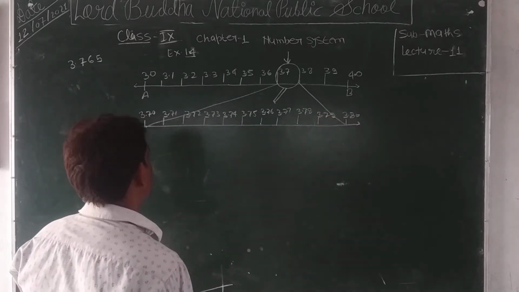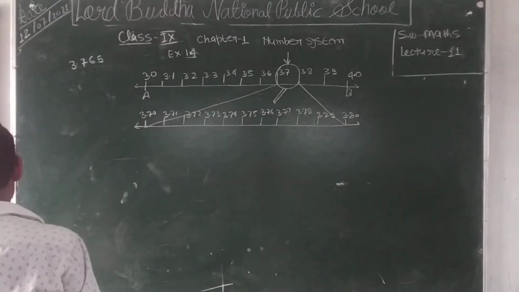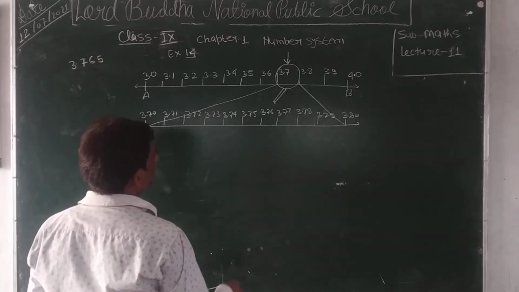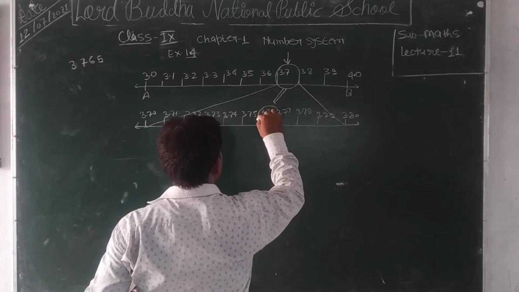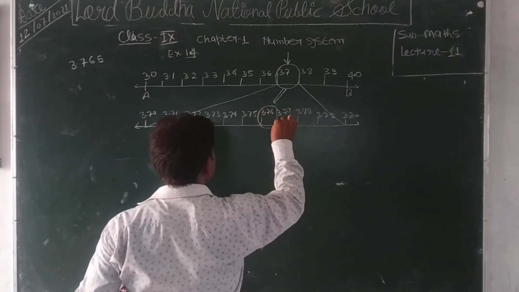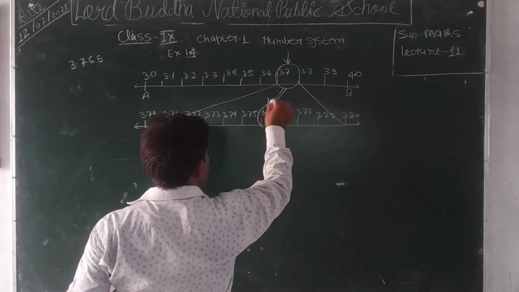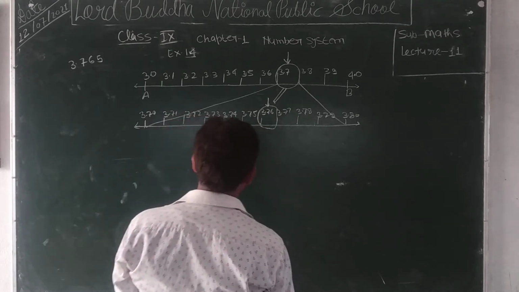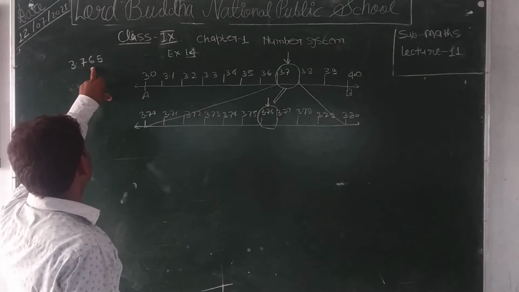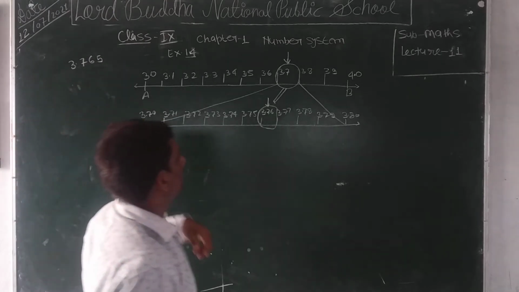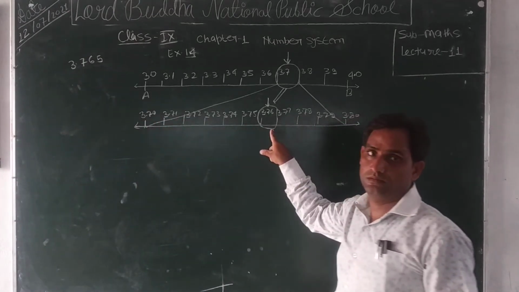Clear? So our point 3.76, we visualize it here. This is 3.76. We see that our number 3.765 will lie somewhere here.